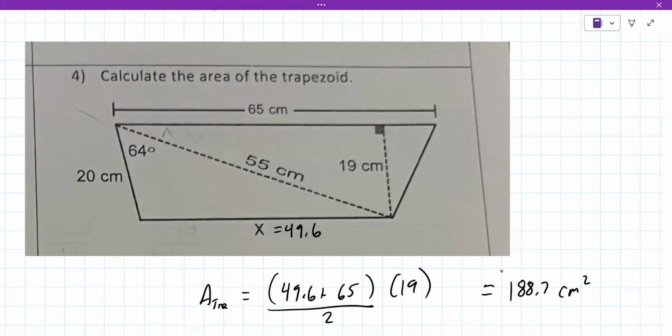Centimeters squared. Perfect. All right, I think we're kicking the trapezoids down the road. Looks like you've already done part of 5, maybe all of it. You feel like you have it, or do you want some more explanation on that? I think that one was good. Okay. All right, number 6.